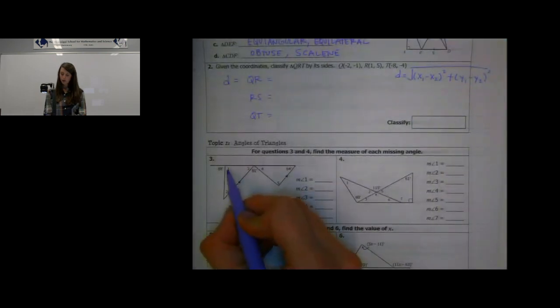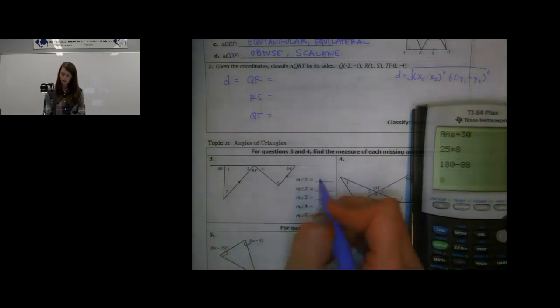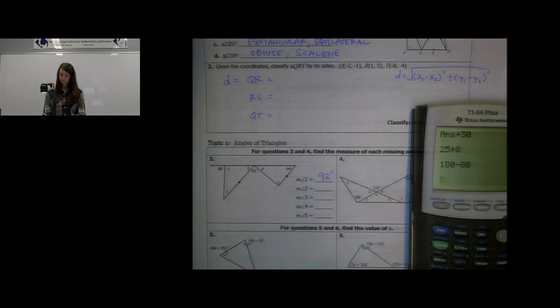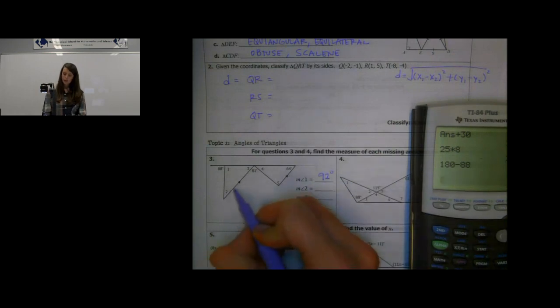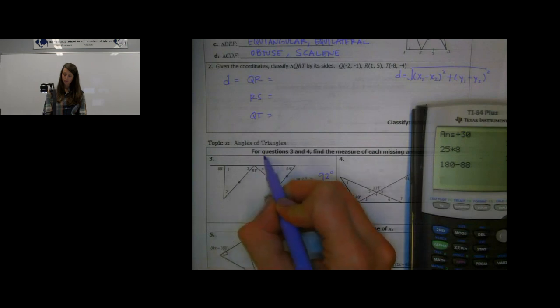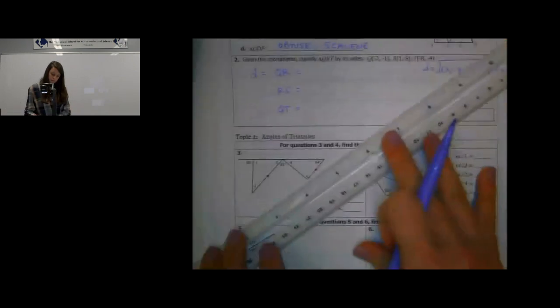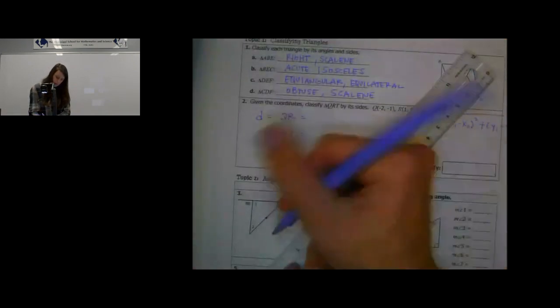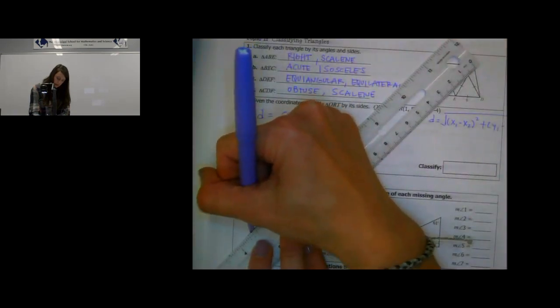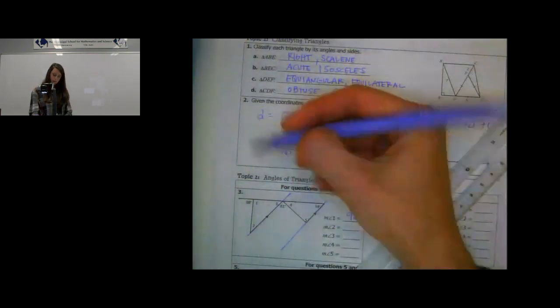This next part, y'all did really good on your quiz on this. So angle 1, those are a linear pair right there. So angle 1 there is going to be equal to 180 minus that 88. So angle 1 there is going to be 92 degrees. Okay. So this line and this line here are going to be parallel, right?